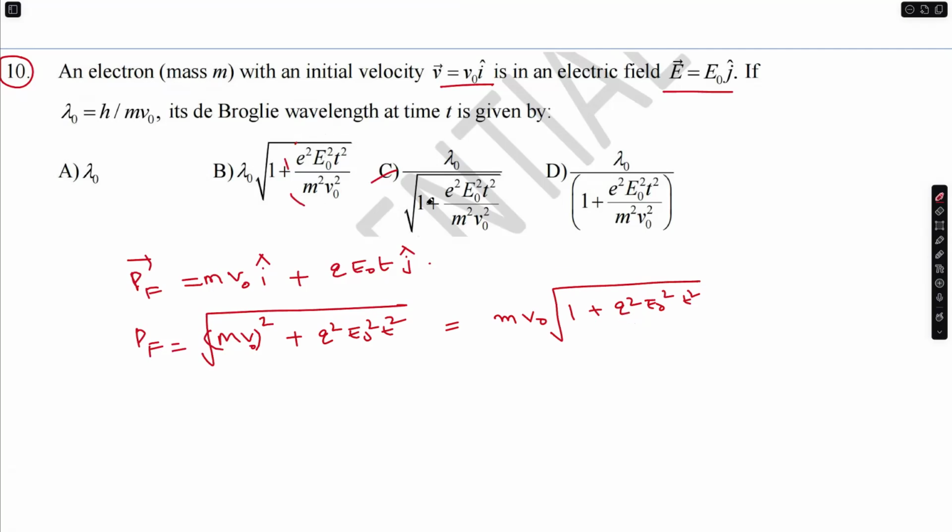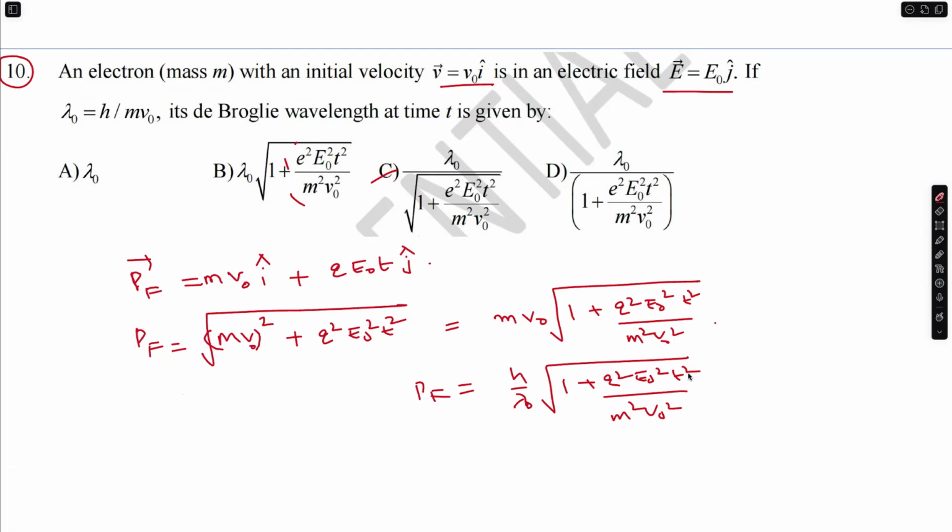You see, in 3 options you have the same situation here. That should give you some idea on this. So wherever I say m v naught, I can write h by lambda naught, times root of 1 plus q square E naught square t square by m square v naught square, is p final.